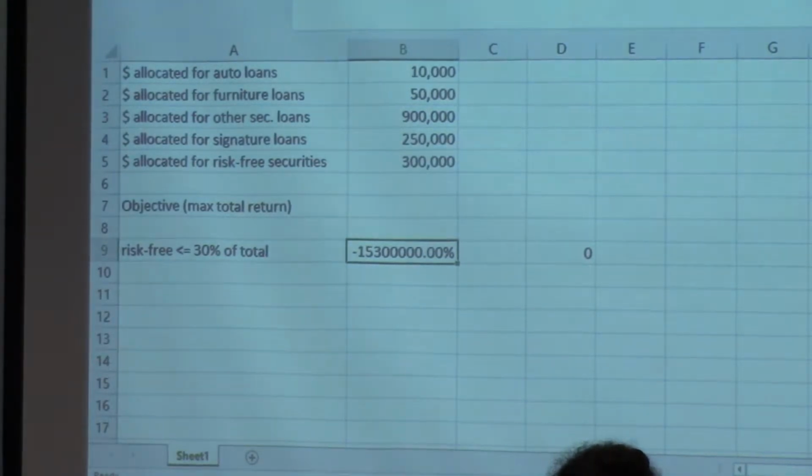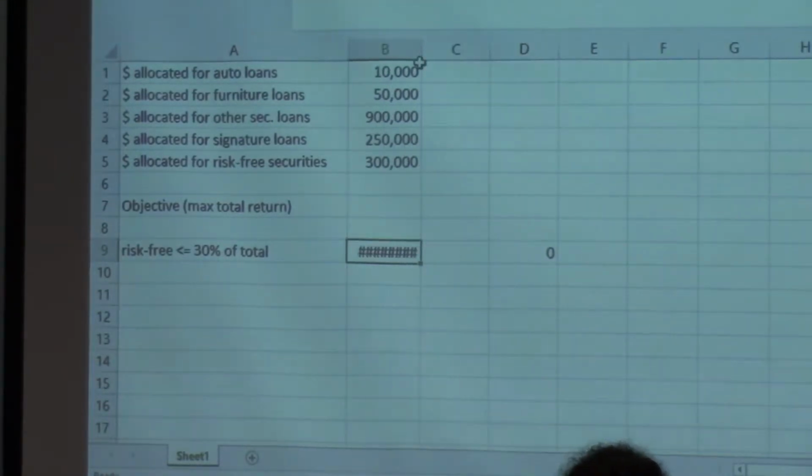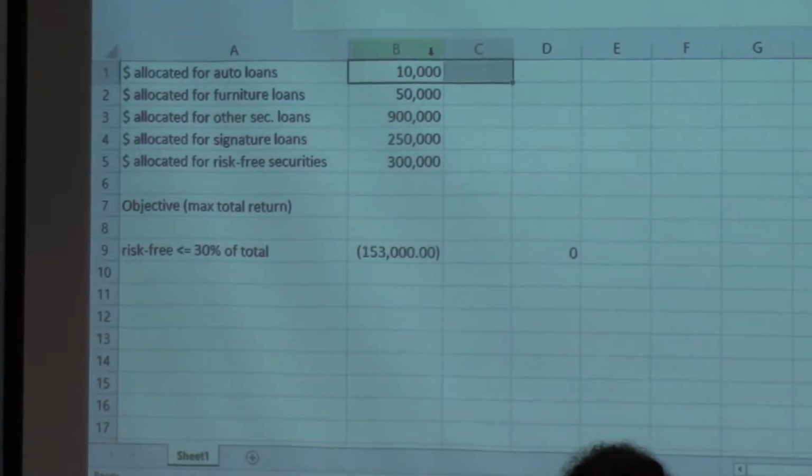So if I take out the percentage there and just make it a number, there we go. It doesn't matter what format that is in. We got the right equation, right? All right, so that's our first constraint right there.